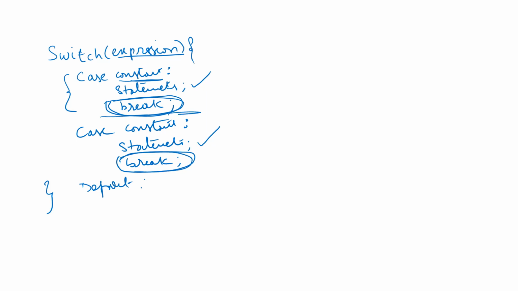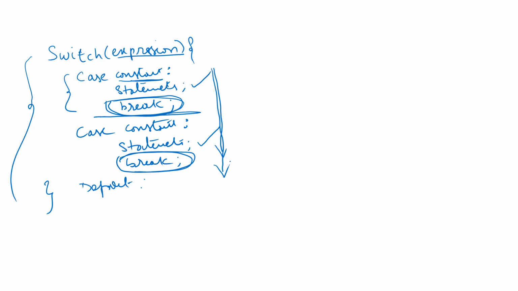It won't stop at this point. If we don't use a break statement, it will execute until it finds a break statement, or until the switch case block is completed. It will execute all the statements until that point.